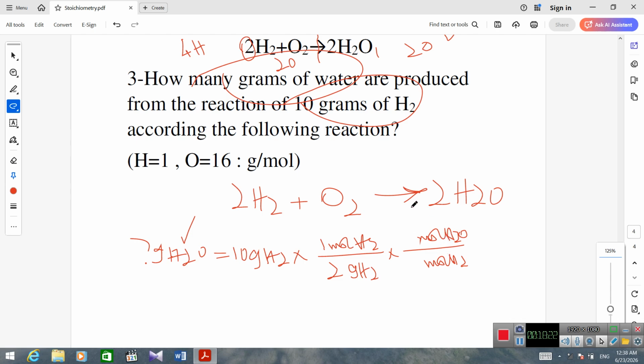It comes from the balanced equation. For H2 the coefficient is 2, and for the water it is 2. It's so important, and again moles of H2 and 1 mole of water.